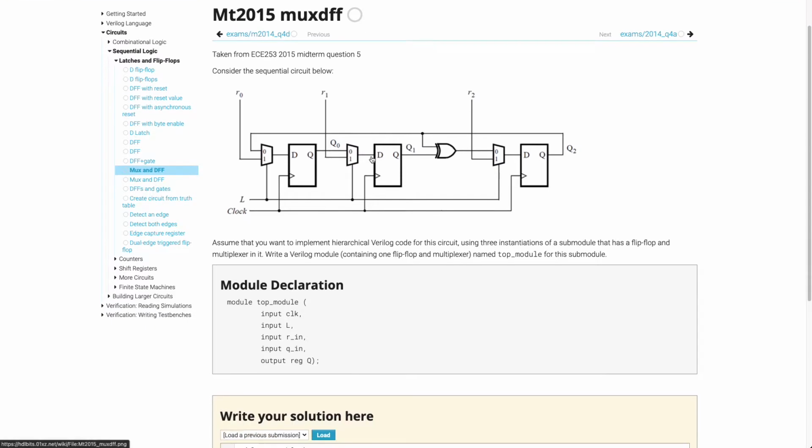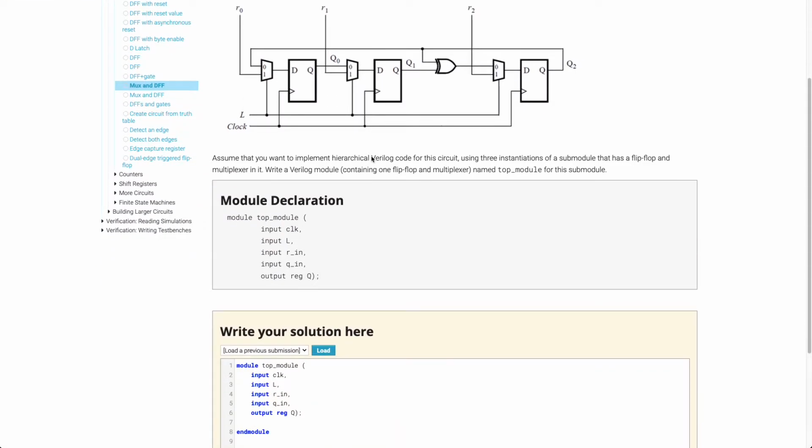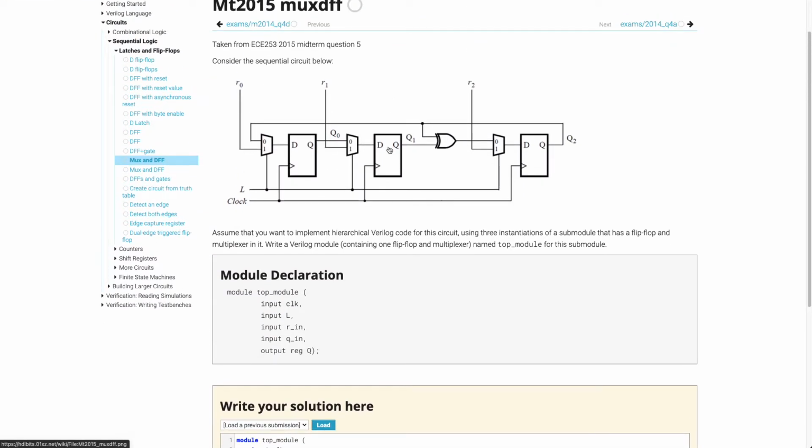Consider this below, write your solution here. Assume that you want to implement hierarchical Verilog. Use 3 instantiations of a submodule that has a flop and a mux in it. I see.